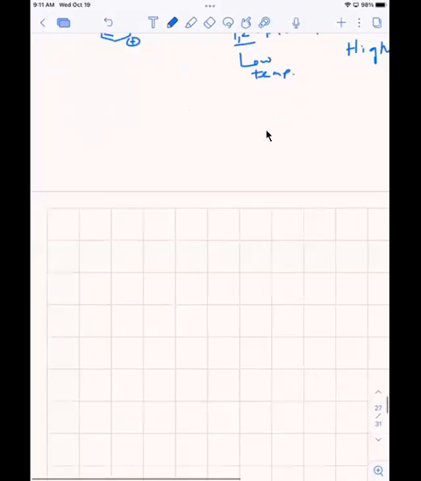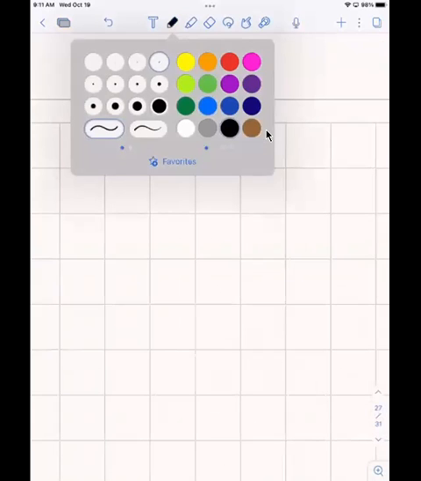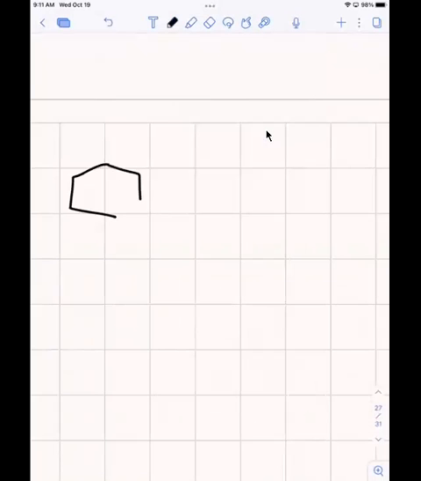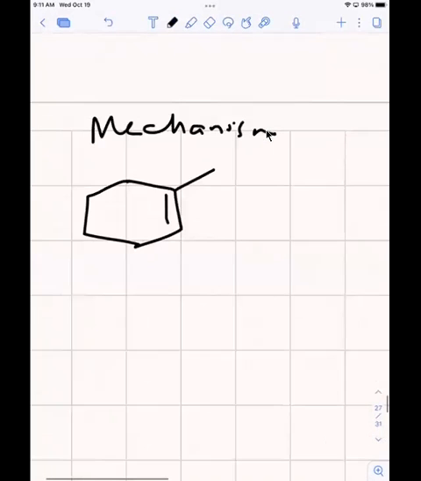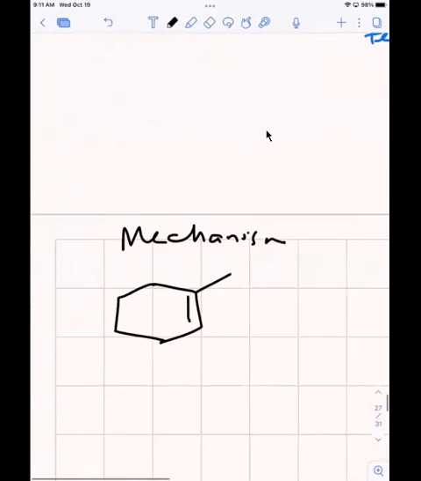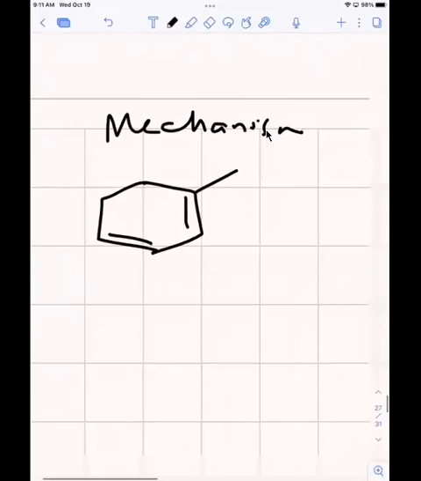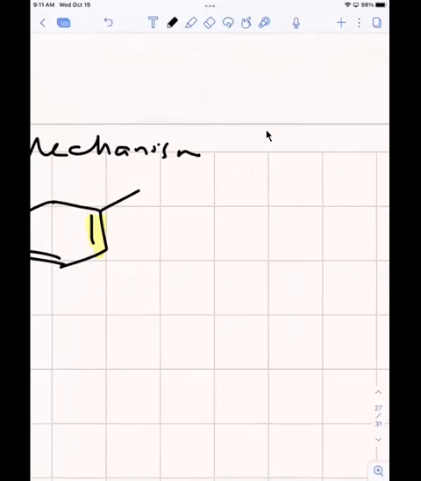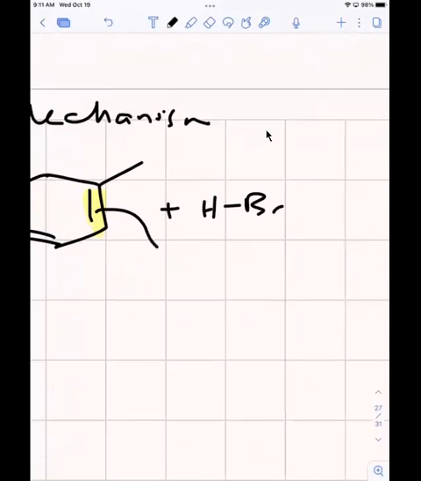So we're using this alkene right here, and we're going to react that with HBr. This happens just like you remember it from organic one.